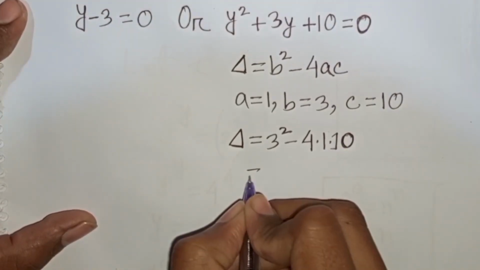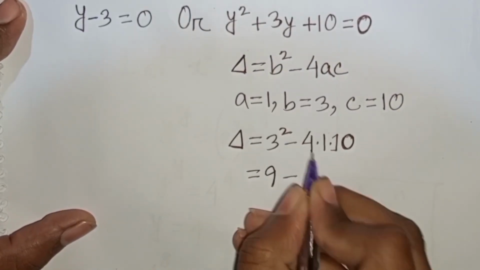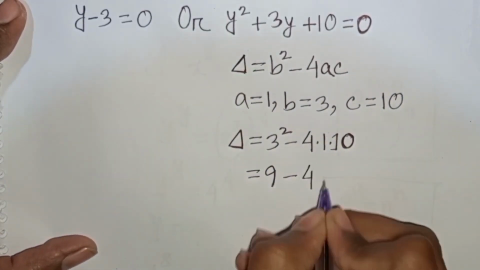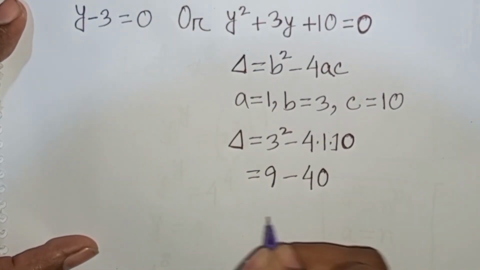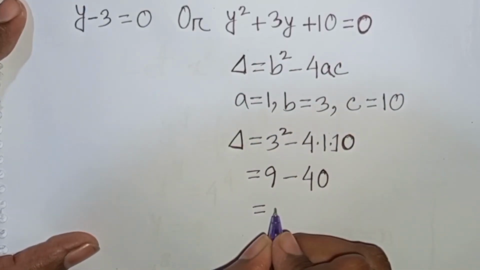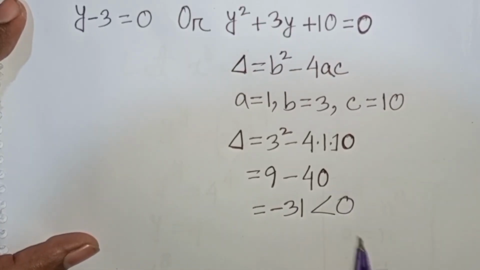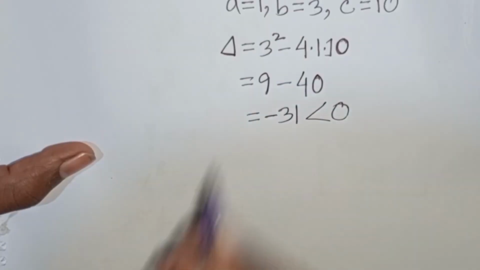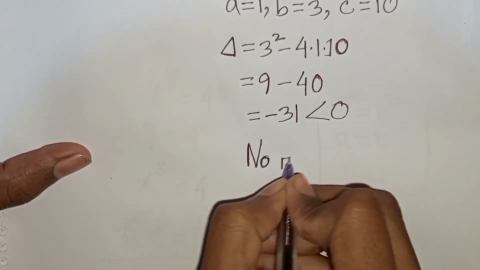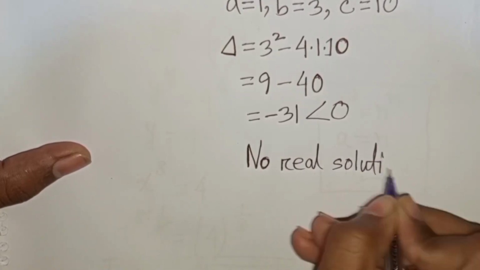Now, 3^2 is the same as 9, then minus 4 times 1 times 10, that means 40. So 9 minus 40 is minus 31. So minus 31 is less than 0. So here no real solution.